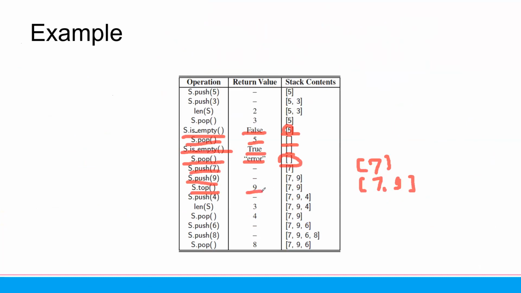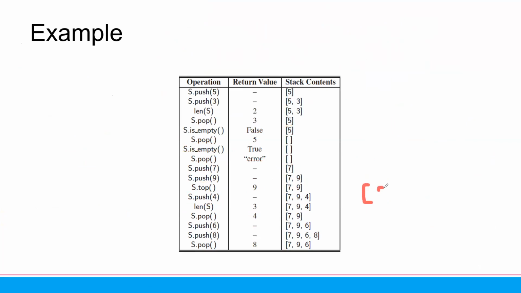It will return 9, but the elements stay the same, because we just want to know the last element without removing it. Push 4. The elements will be 7, 9, and 4. What is the length? It is 3, because we have 1, 2, 3.